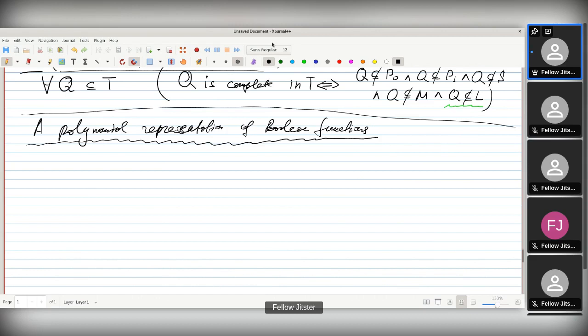Every function can be expressed as a polynomial, and in fact, you can do it just one way. And this is very important.